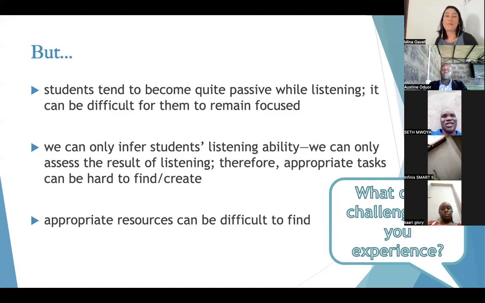Sometimes students might have limited vocabulary and the manner of expressing themselves. They understood, they listened carefully, but their vocabulary is limited. So the level of communicating, if they are to give a response, may be limited based on the level of their vocabulary. That's what I wanted to add on, Mina.